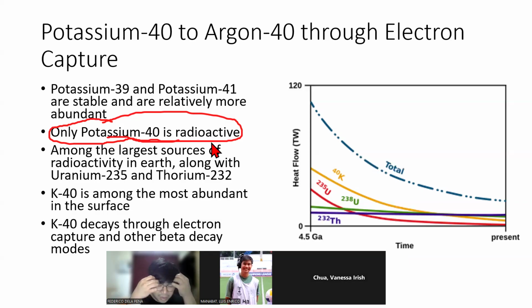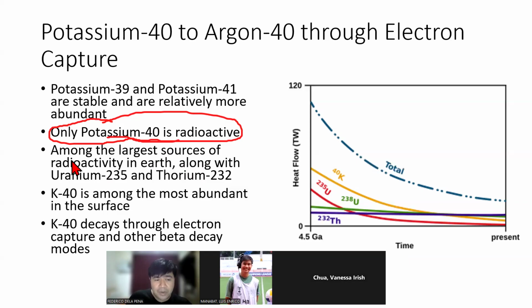So if you have encountered the meme about bananas being radioactive, of course that's true. Bananas have potassium, and if your banana contains potassium 40, it's going to be radioactive.